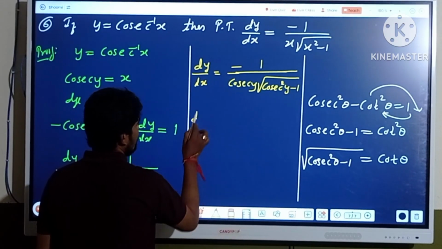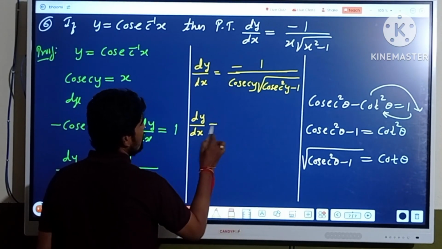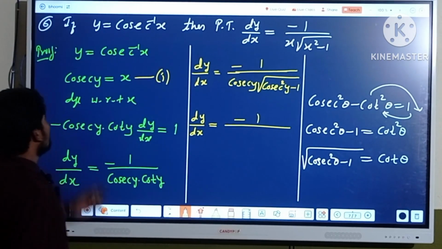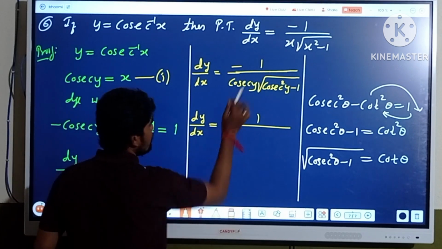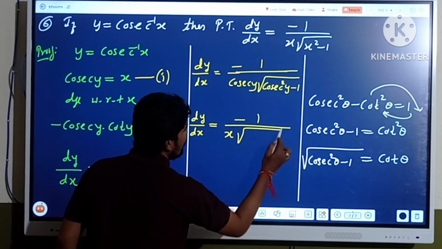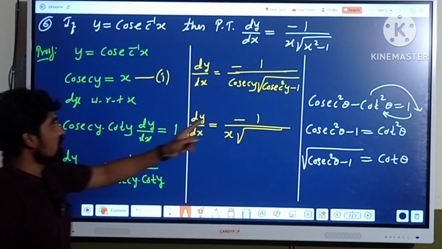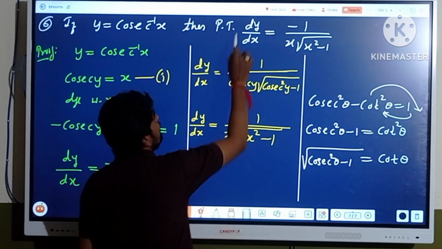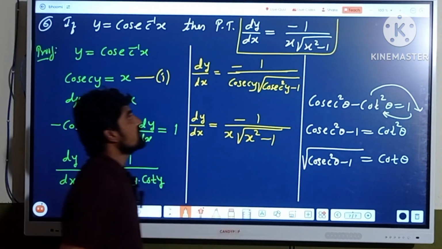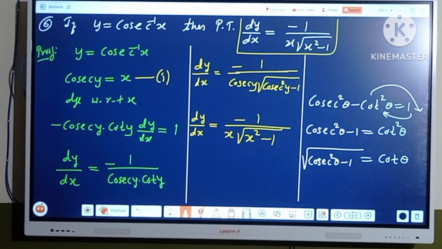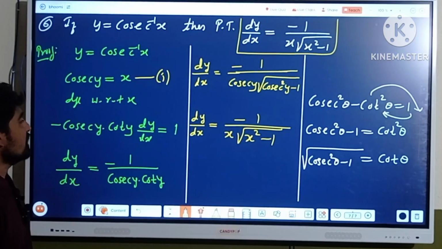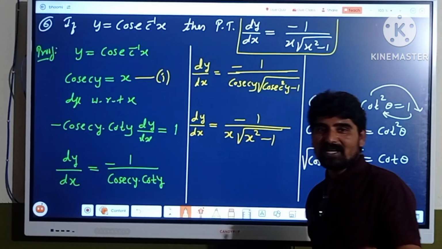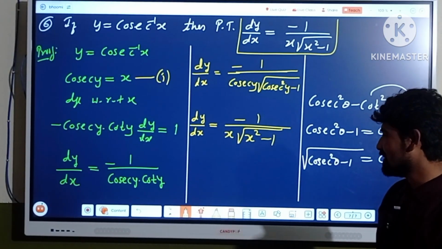So therefore, dy by dx is equal to minus 1 divided by, so from this equation number 1, if cosecant y is x, cosecant y is replaced by x into square root of, if cosecant y is x, cosecant square y is x square minus 1 as it is, and this is the derivative of cosecant inverse x, that is minus 1 divided by x into square root of x square minus 1. So I hope all of you understood proving the derivative formulas for inverse trigonometric functions.